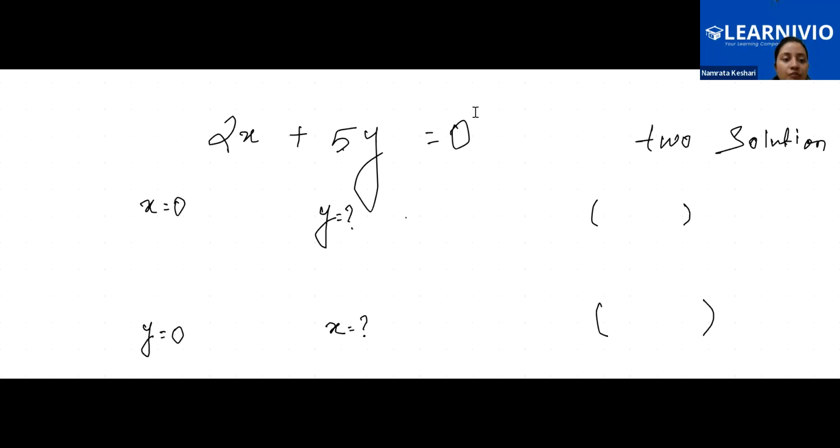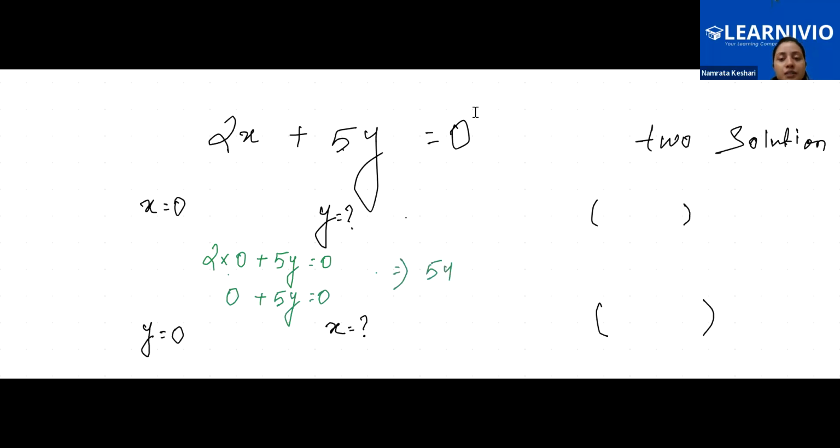Check it. When you take x as 0 and put 2 into 0 over here, you want to find the y value, right? 2 into 0 is 0, plus 5y is equal to 0. Now 5y is equal to 0, so y is equal to 0 by 5.